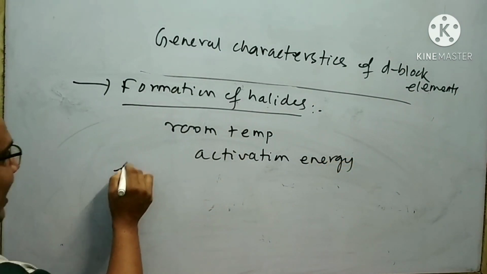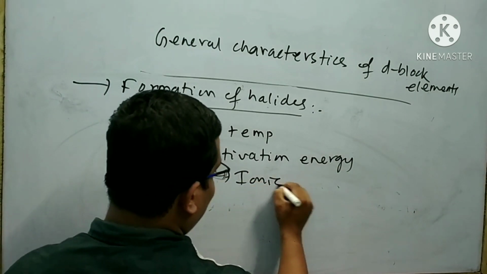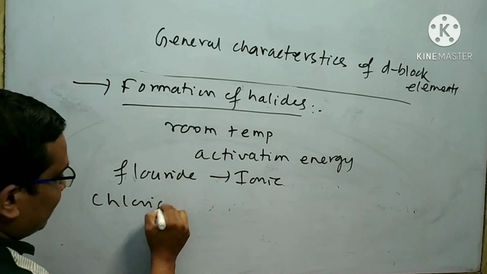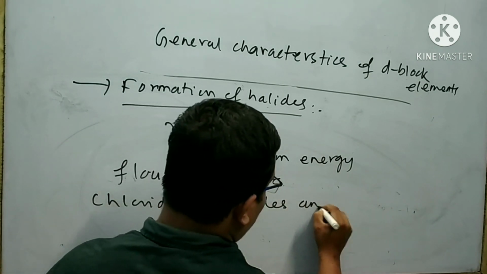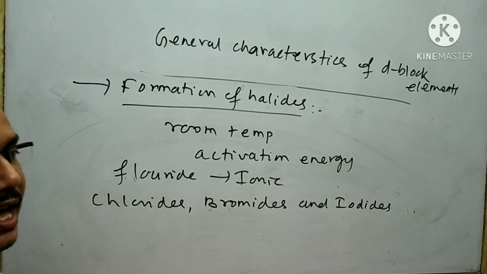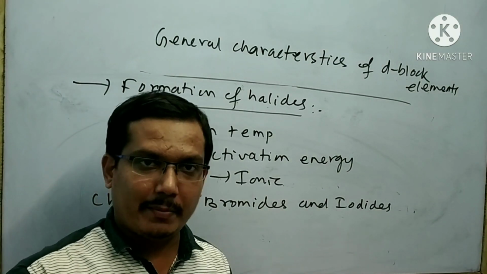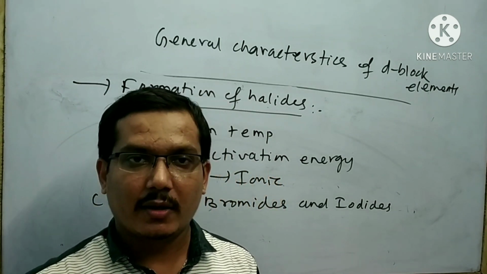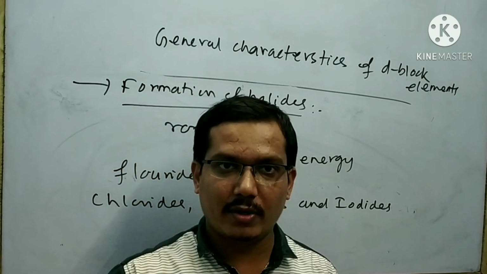The fluorides of transition elements are ionic in nature. On the other hand, chlorides, bromides, and iodides of transition elements are predominantly covalent. Transition elements can form halides in their higher oxidation states, but these types of halides are highly unstable.